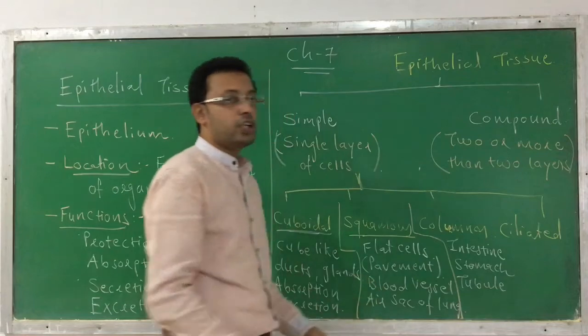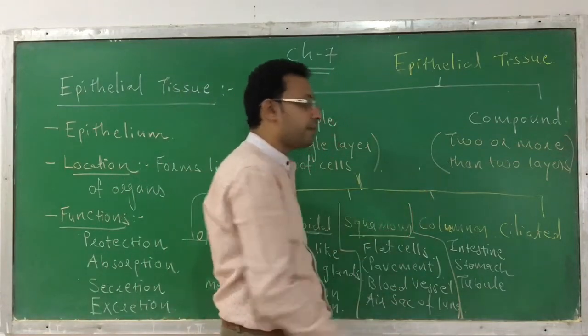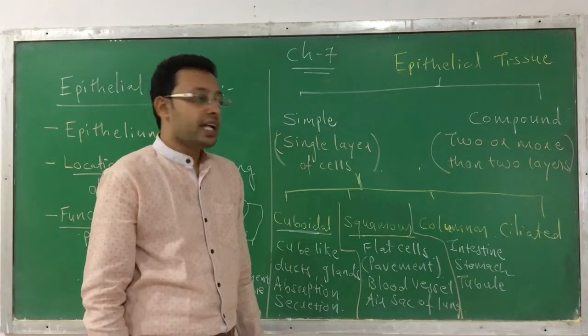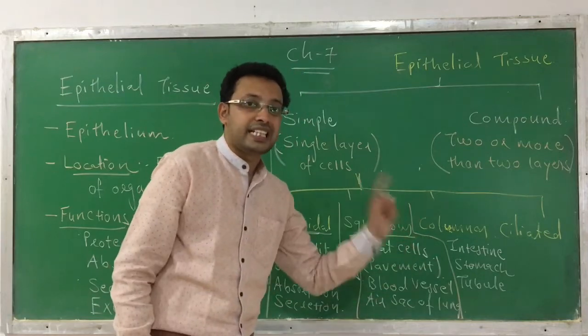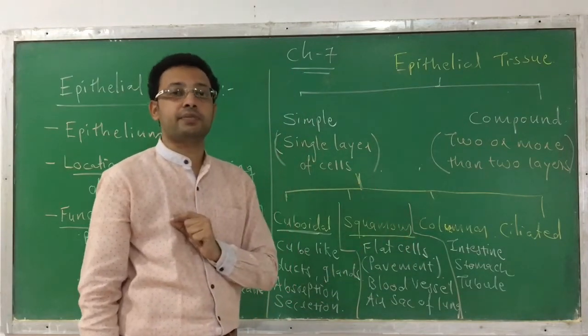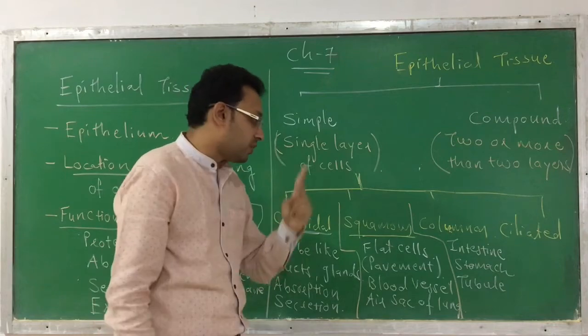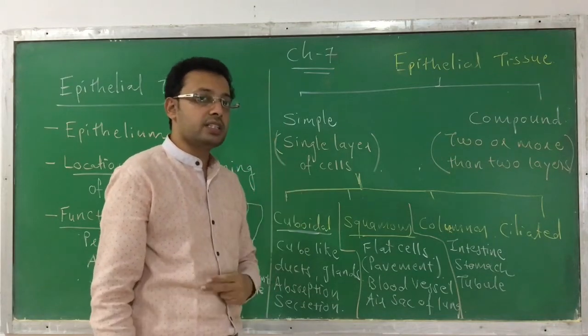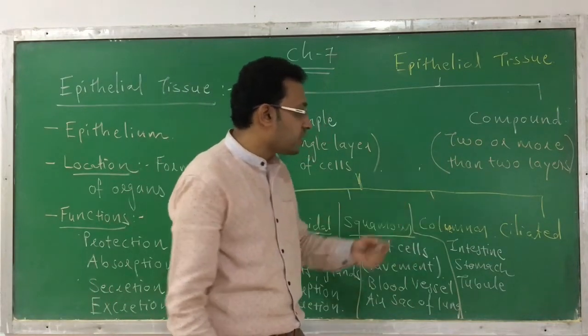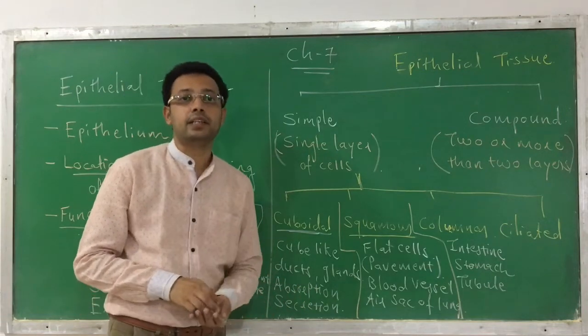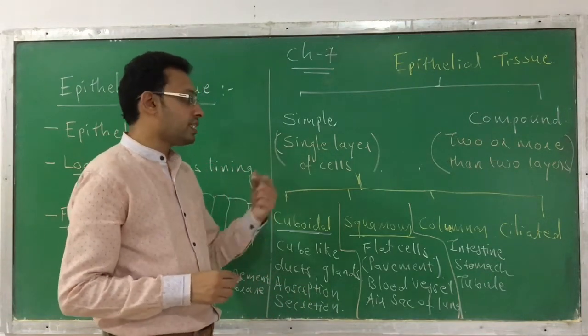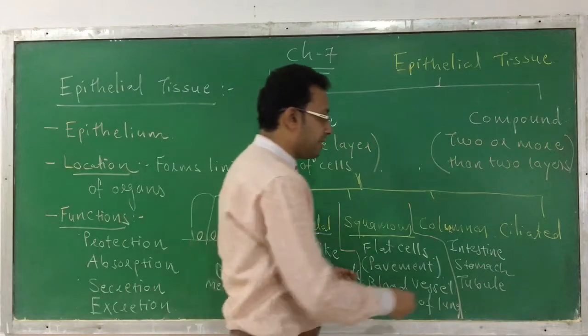So these are the usual locations where columnar epithelial tissues are present, and they are also involved in the secretion and excretion of substances. There are two functions, one is secretion and the other is excretion. These are the two functions of columnar epithelial tissues. Okay, so that is about the third kind, columnar epithelial tissue.